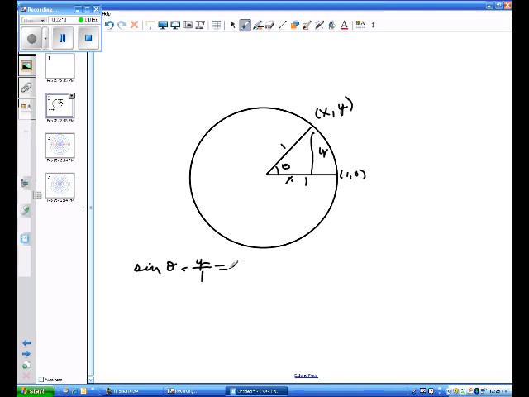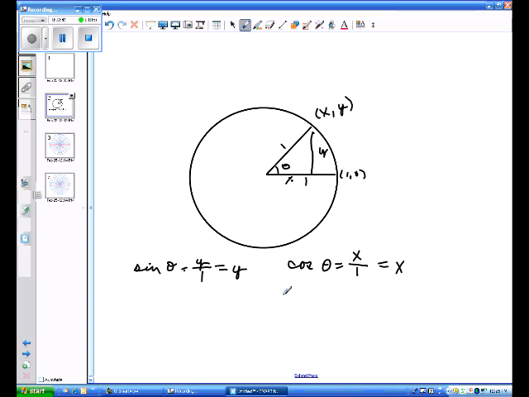The cosine of theta is x over 1, x over r, and in this case r is 1, our radius, which would equal then x.